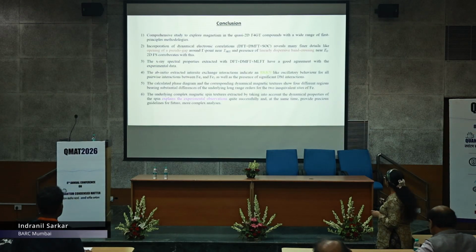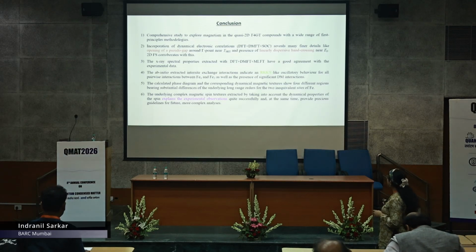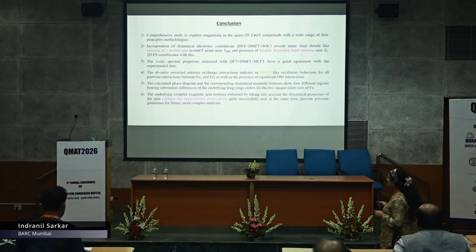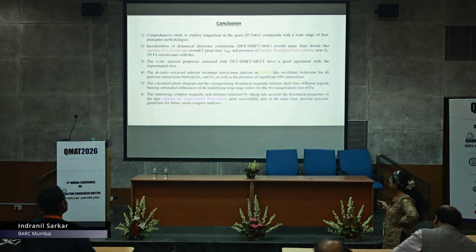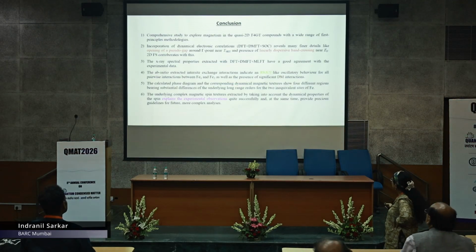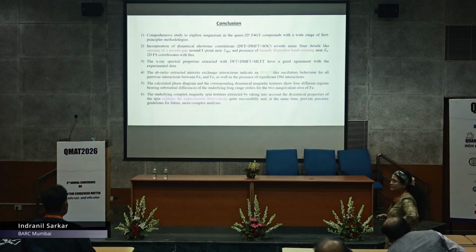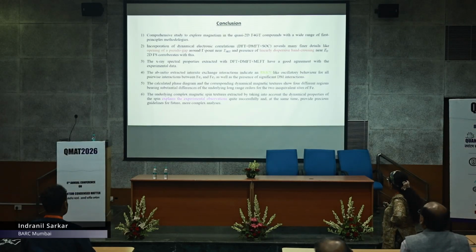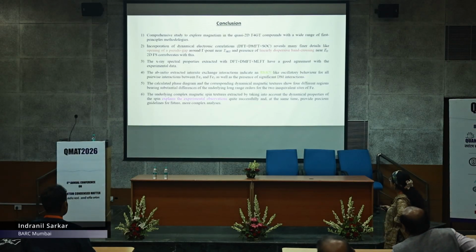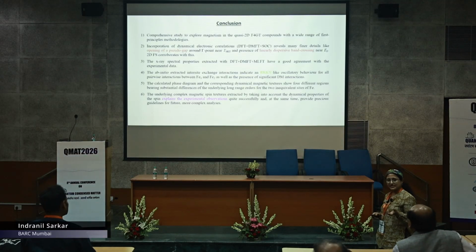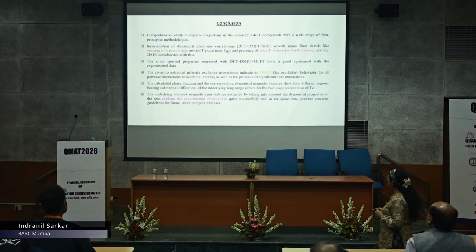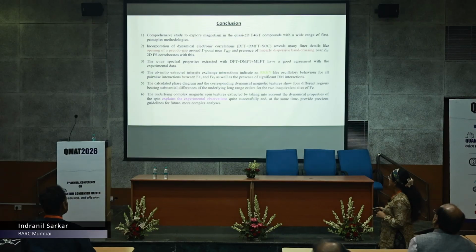The only thing is that we have studied a linearly dispersive band crossing and the opening of a pseudo gap by using DFT plus DMFT plus SOC. Then DFT plus DMFT plus MLFT has shown good agreement with the experimental data, RKKY-like oscillations were present, and the magnetothermal phase transitions we could explain by our calculations.